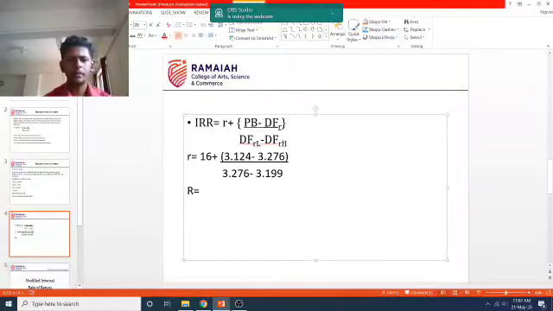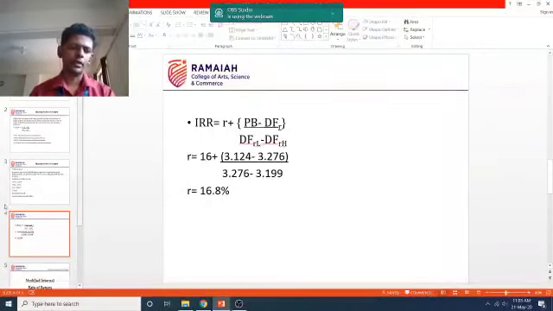If we solve this, 3.214 minus 3.276 divided by that, you will arrive at 16.8%. So that would be our internal rate of return, right?